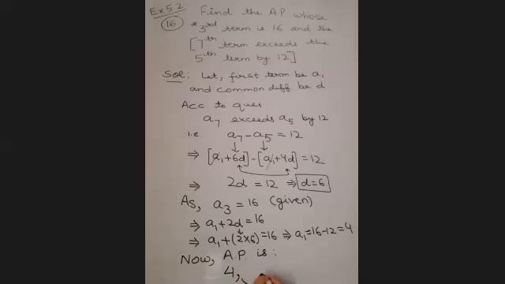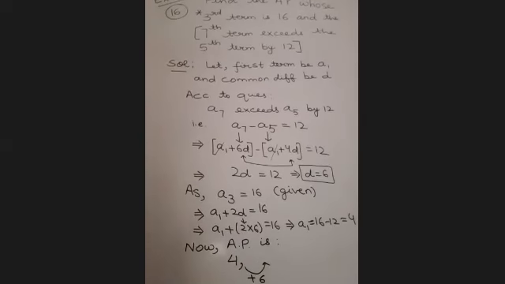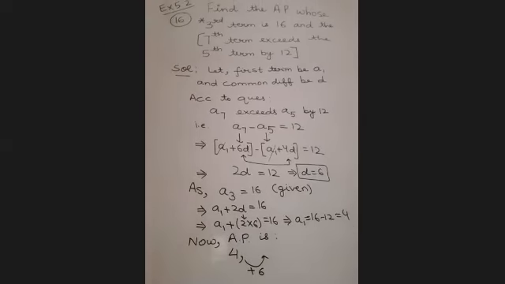You can show arrow plus 6. So 4 plus 6 gives you, what is the next term? 10. 10 plus 6 gives you 16. If you want to write more, fine. Otherwise, just put dashes. It will show that the AP is increasing. Clear, beta?